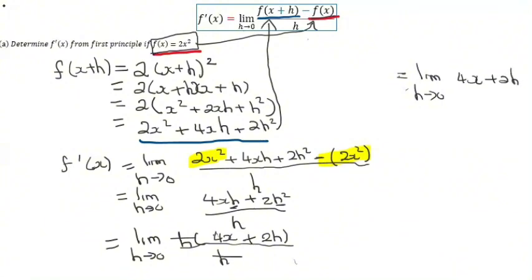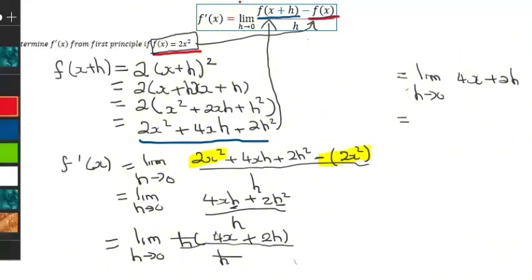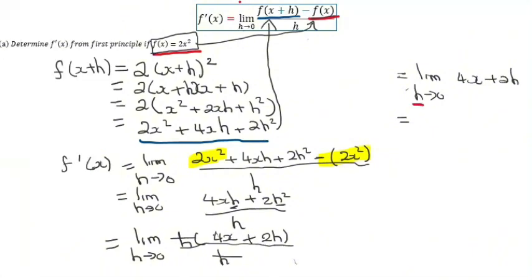So once you're at this step, in order for you to remove this limit as h approaches 0, where is h? Where is h? You're going to put 0. And then once you do that, you don't need to involve this limit as h approaches 0.